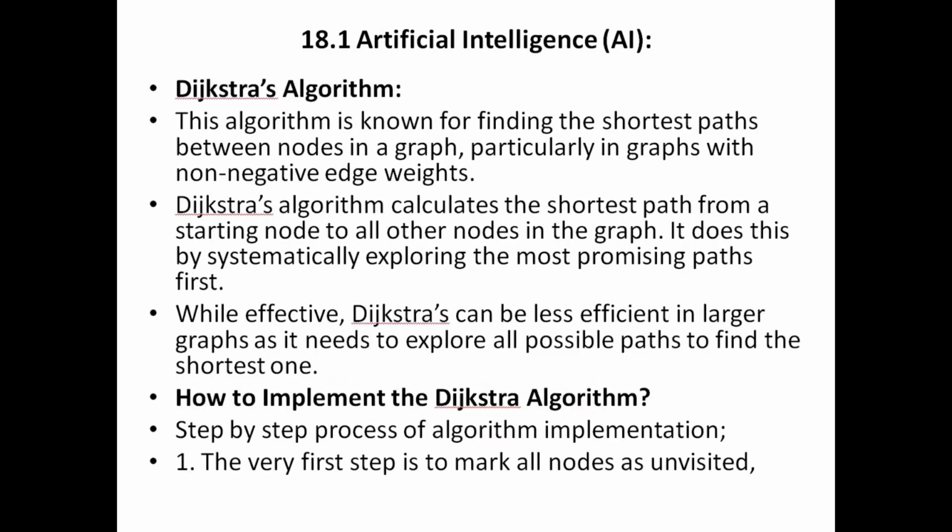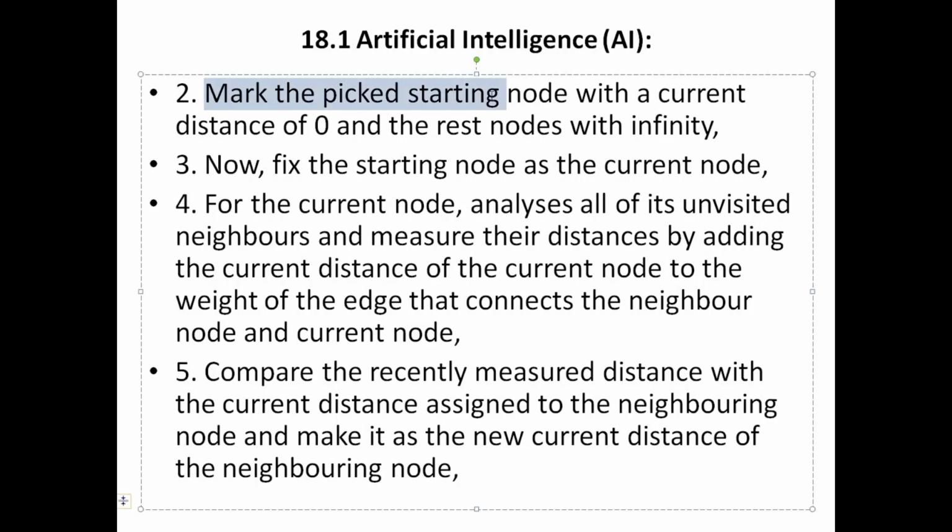So what you are going to do is mark the picked starting node with a current distance of 0 and the rest of the nodes with infinity. Now fix the starting node as the current node. For the current node, analyze all of its unvisited neighbors and measure their distance by adding the current distance of the current node to the weight of the edge that connects the neighboring node and the current node.